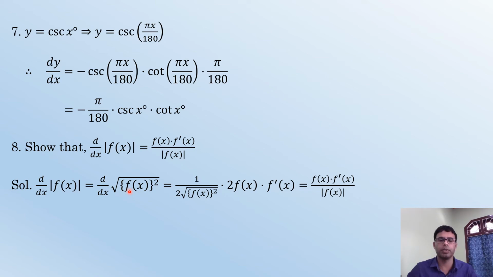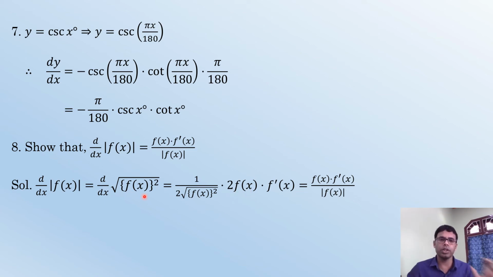So d/dx of this one is equal to d/dx of the outer function, root over, so it is 1 by 2 root over this one, into this total term is considered as x, so the derivative of x square is 2 times x, and the derivative of f(x) is f dash x. You try to understand the chain. First differentiation is root over x, that is 1 by 2 root over, the function remaining the same, into the derivative of the square function, which is 2 times the function, and 2 minus 1 is 1, no need to write here, so twice f(x).